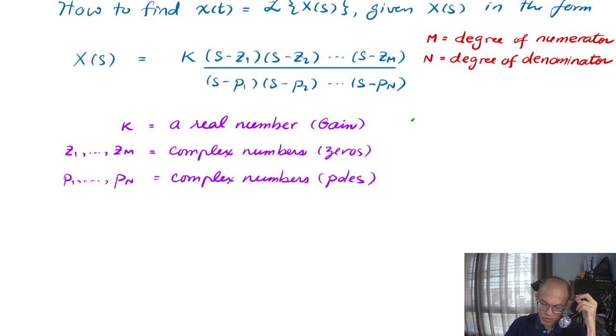First, poles are distinct. This is the easiest case. All poles are distinct. Second, there are repeated poles. And third, there are complex poles.